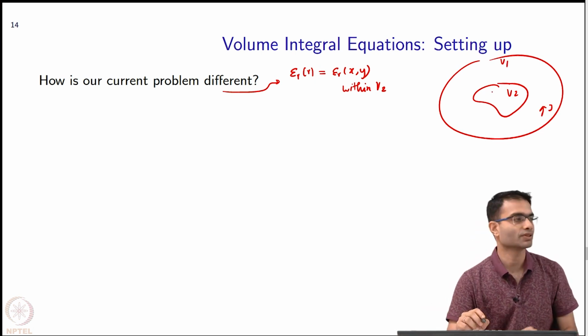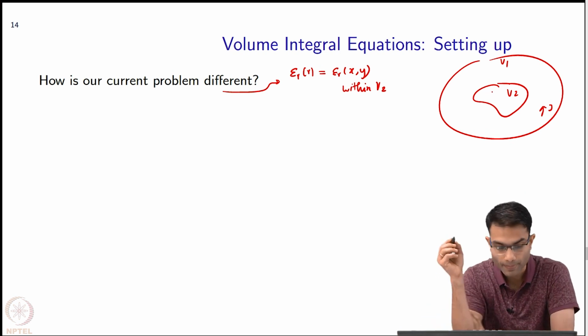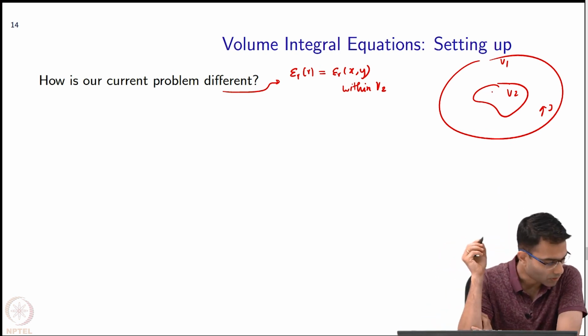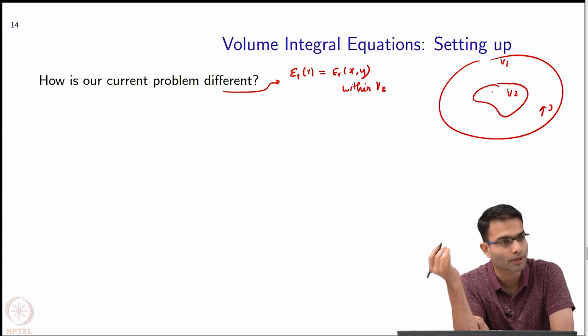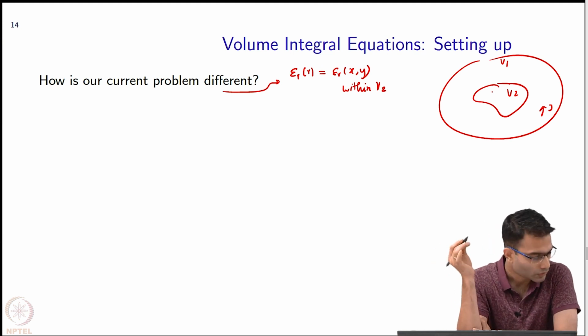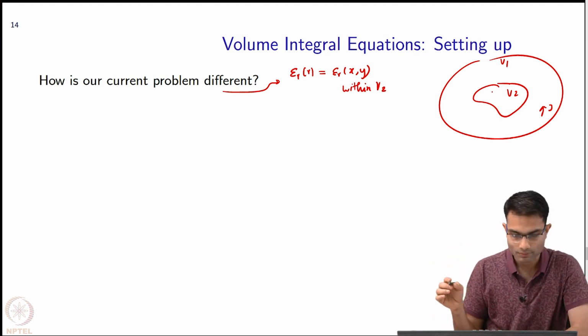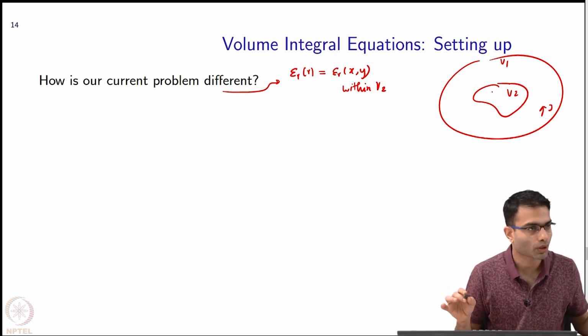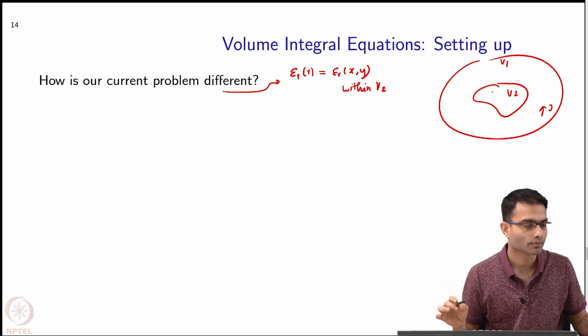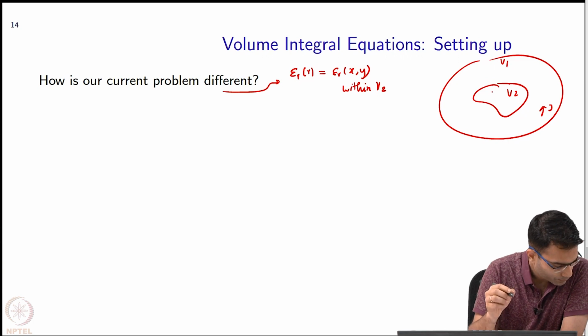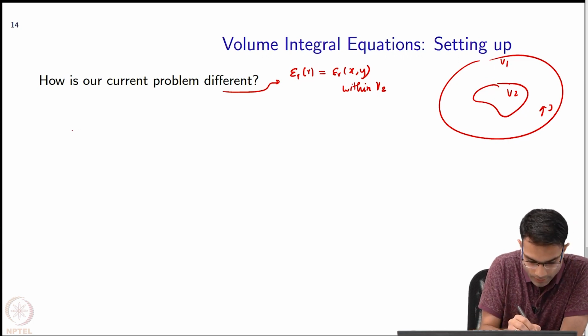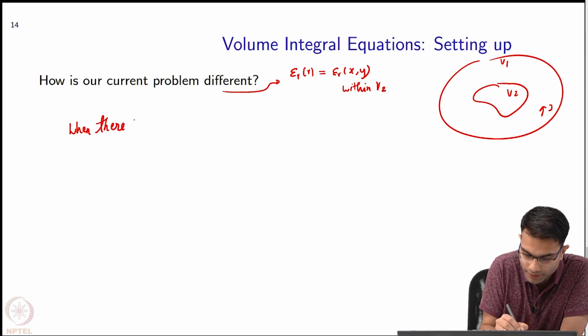So within V2, this is varying as a function of x, y. So now how do we continue to use our approach here? Let's use what we already know. What we already know is the wave equation. So let's say when there is no object.